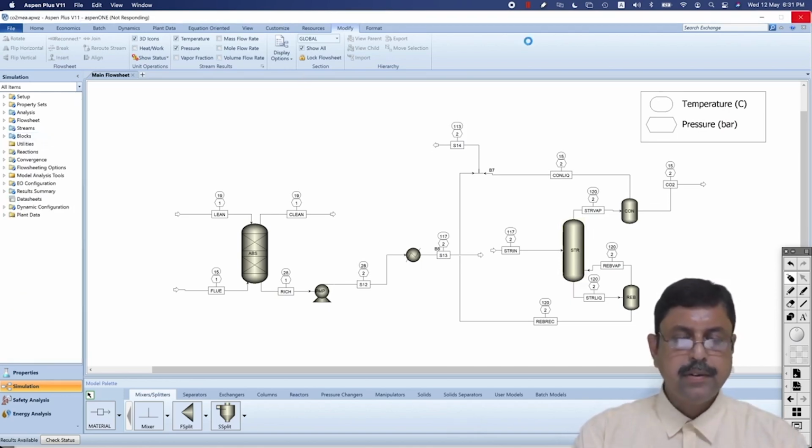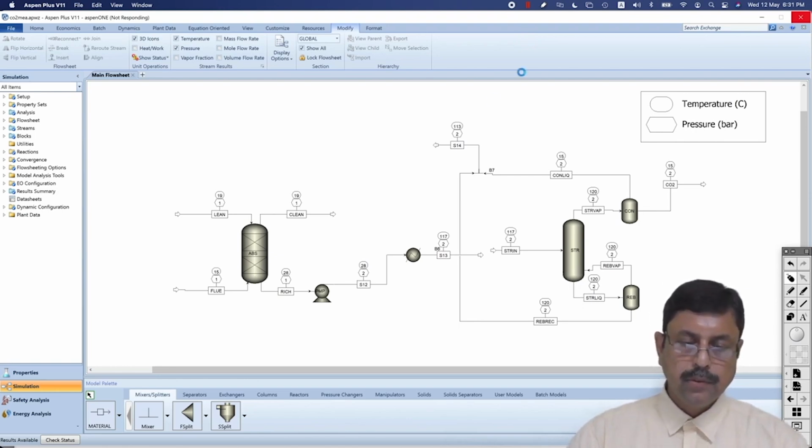Now the system is ready to connect these two streams. So what we'll do, we will knock off this STR in and add this S13 to STR.